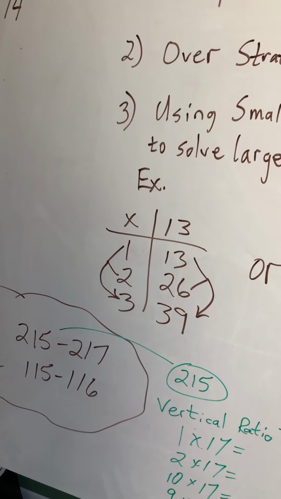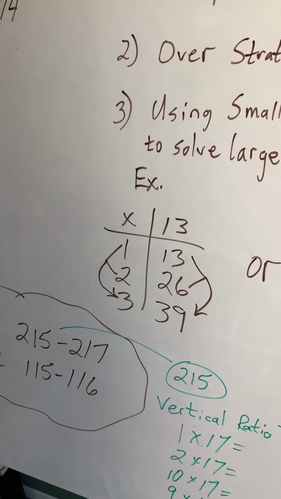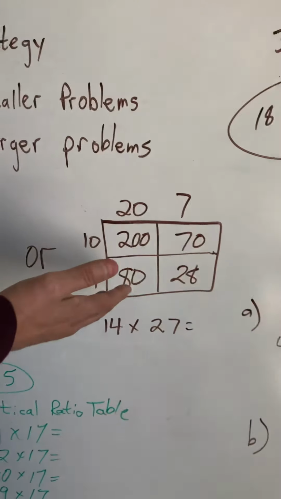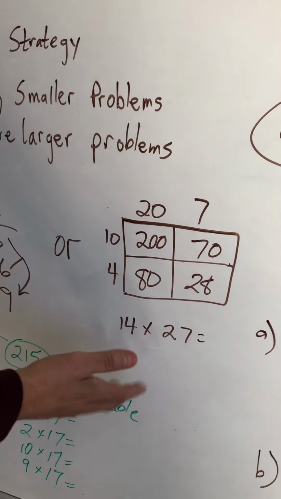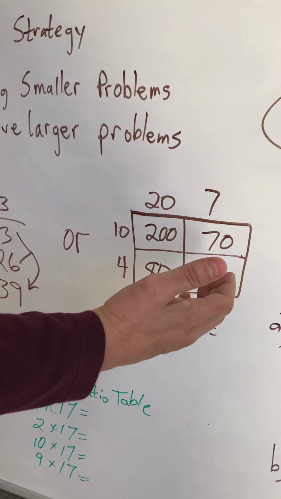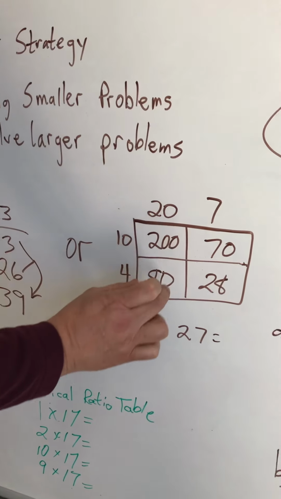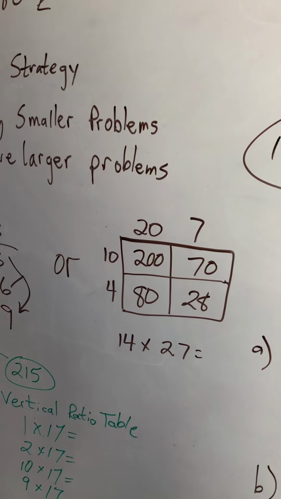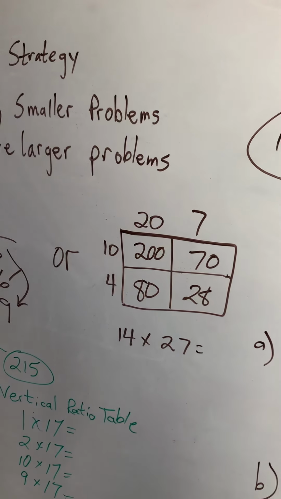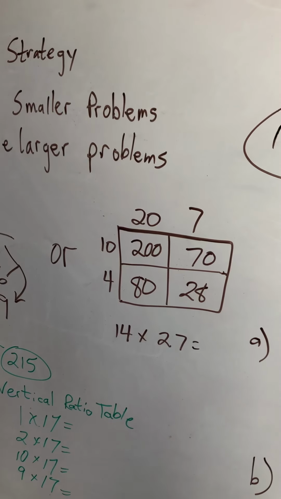So it's using smaller problems to solve larger problems. Same with the area model, okay? We take 14 times 27 and we put it in the area model, and we're solving easier, smaller problems. We do have to add them together when we're done, but it solves a bigger problem, okay?